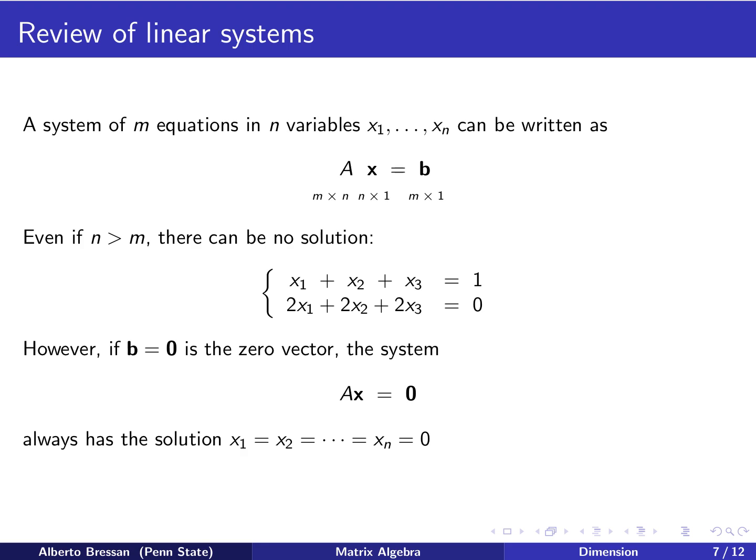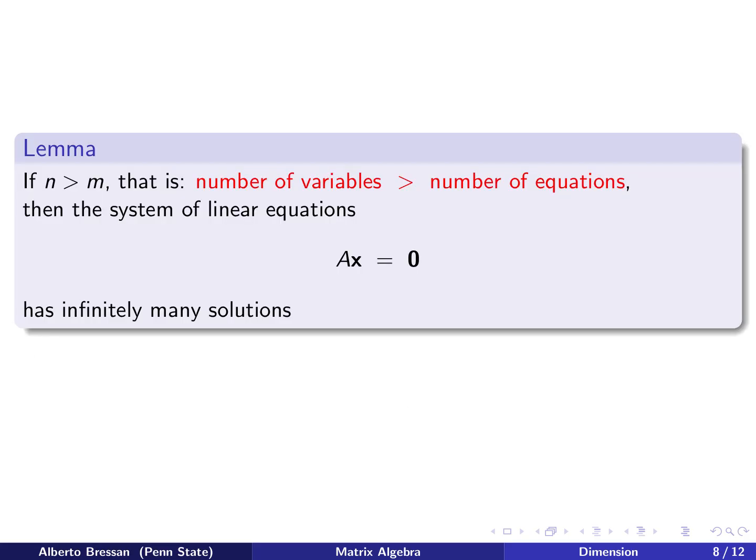So a linear system with the 0 on the right-hand side like that is a special one. And we actually give it a name, and this is called a homogeneous equation. And they are very much studied. Okay, so let's see a lemma first. If now n is bigger than m, this means the number of variables, which is n, is strictly bigger than the number of equations, which is m.